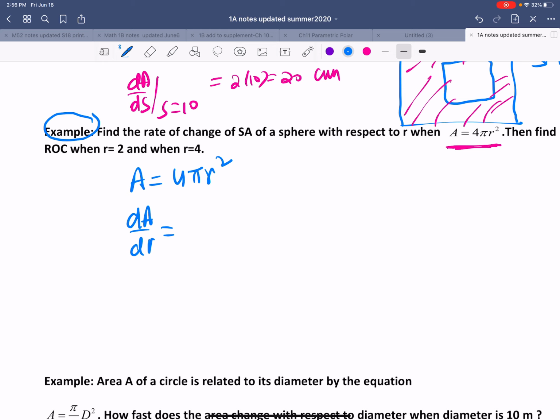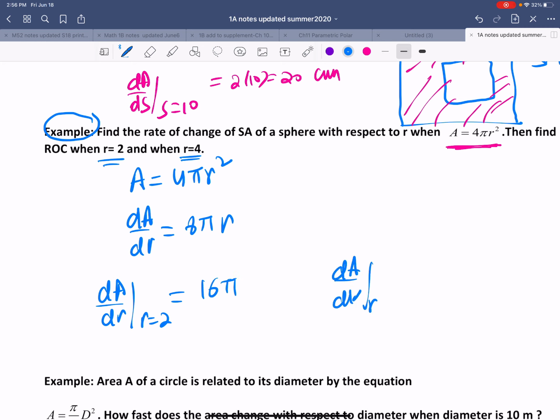That would be 8 pi r, and we want to find the rate of change when r is 2 and when r is 4. When r is 2 it would be 16 pi. When r is 4 it would be 32 pi. So you can see the area is growing twice as fast when the radius is 4 as compared to when the radius was 2.